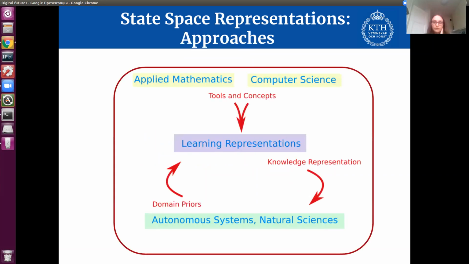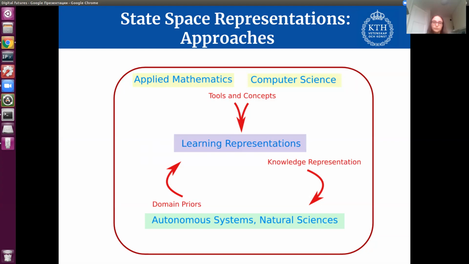Okay, so that's the main topic of my research. It's learning and designing state representations for robotics and, as a side project, for molecular sciences. At the core of it is my background, a mixture of applied mathematics and computer science. So I borrow a lot of tools and concepts from fields like applied topology, computational geometry, and classical algorithm theory. And I combine them with machine learning methods because they provide high computational efficiency and robustness to noise and to incomplete data.